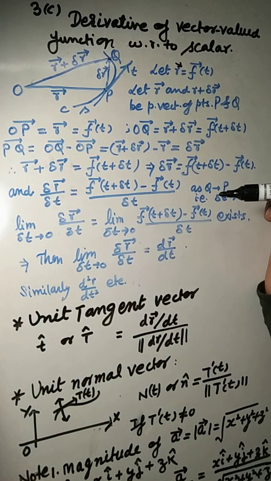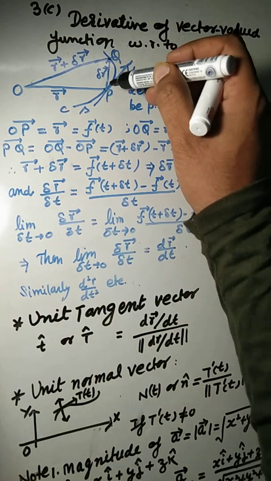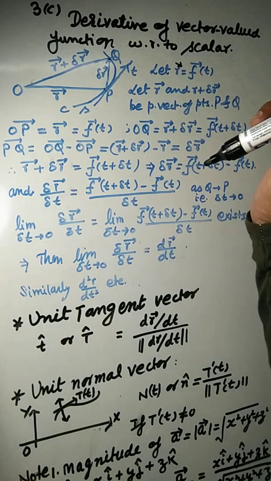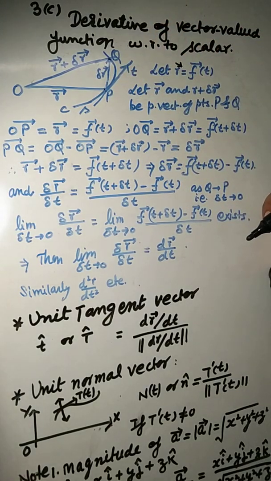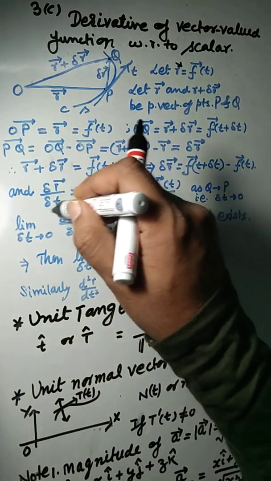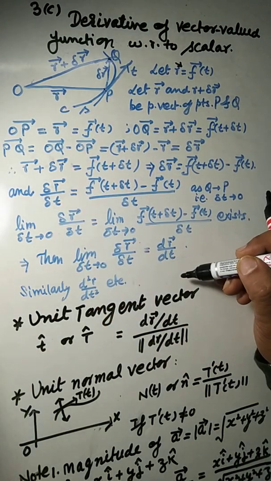T is a scalar, it is a parameter. Now if Q tends to P, that is Q and P approach 0, then the small increment delta T tends to 0. So this one will be dr/dt.